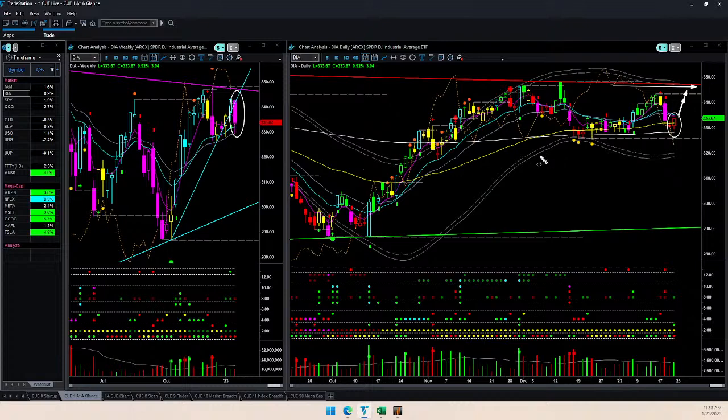What is the nature of the instrument, the direction? This is also moving sideways inside a box. We saw SPY and QQQ were inside range. That was a triangle range, and DIA is inside a box range.